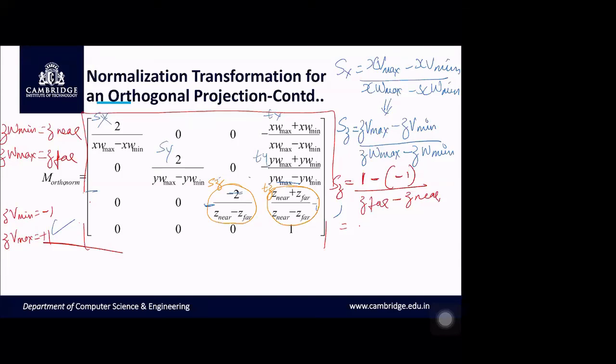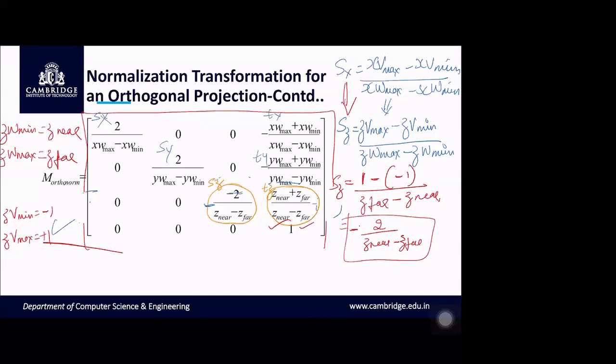So they've taken common 2 divided by the same thing, Z near minus Z far. That is with respect to Sz. Okay. Now will you work out with respect to Tz in the same way? Please try to get this one, Tz. Whatever the Tx value you have, convert that into Z, as I've done from Sx to Sz. And you will get this value.